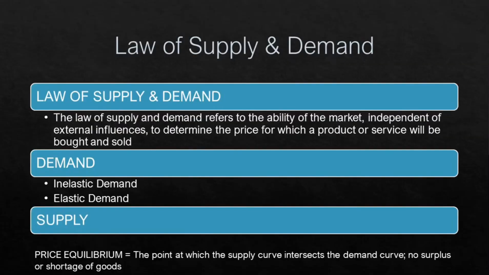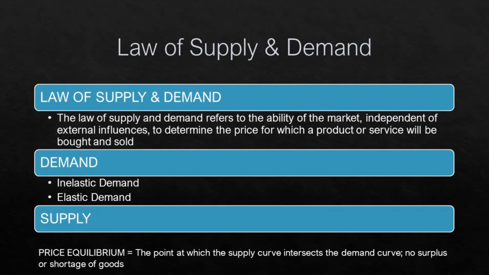We have inelastic demand when the movement in price doesn't significantly affect the change in demand. For example, the change in gasoline prices will not affect the demand because everyone that owns a vehicle needs gasoline. So no matter how the prices go up or down, it will not affect the demand. On the other hand, we have elastic demand when the quantity demanded goes up or down significantly related to changes in price.